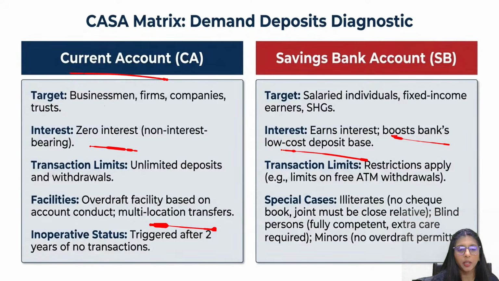For example, if I have an account in Roorkee, I can switch from one branch to another branch in Roorkee only, or I can switch from Roorkee to Delhi. So it is transfer of account without changing the account number. Inoperative account means when the account is not in function, then that account becomes inoperative, and it can be a fraudulent account.